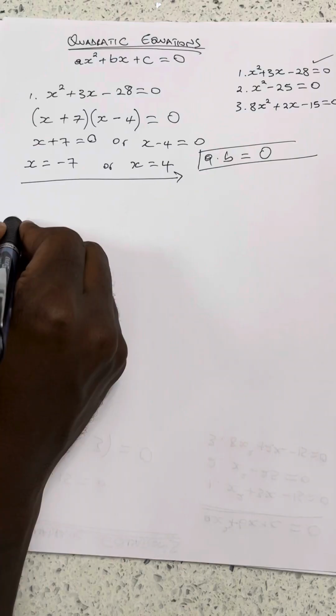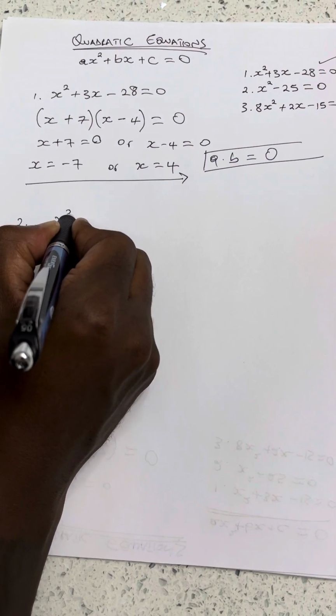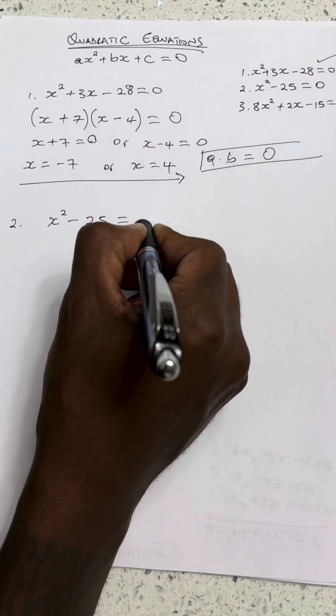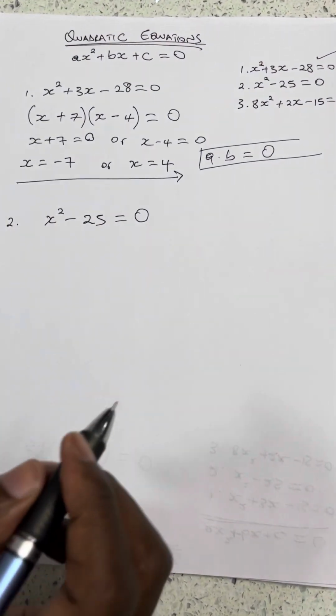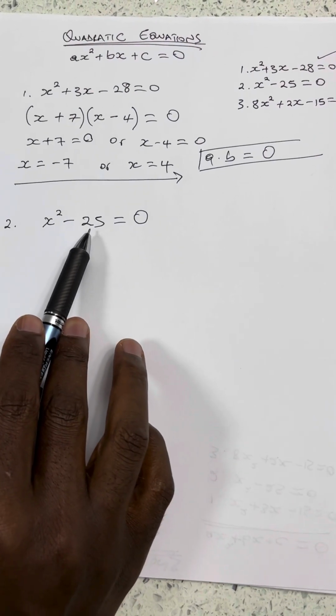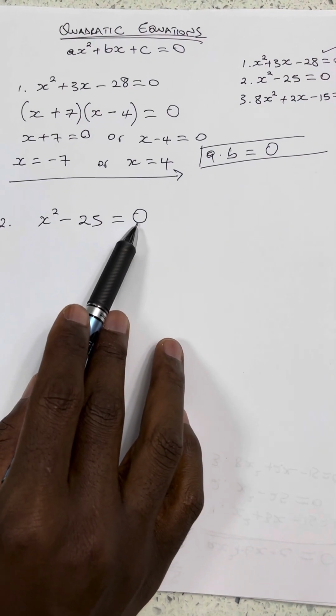A problem like this in an exam would probably be worth 2 marks, because this type of problem we refer to as a difference of perfect squares, where we have two perfect squares subtracted from each other equal to 0.